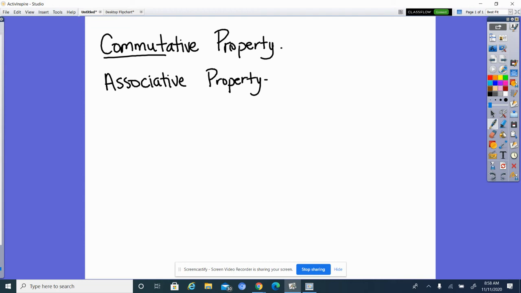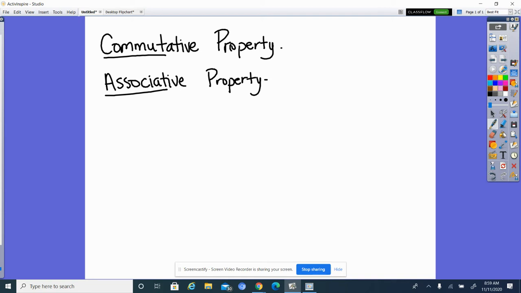Okay, associative. What's our root word? Associate. Okay? What does it mean to associate? What do you think? Okay, to talk to someone. What else? Anything else? Okay, right now we're told that we shouldn't associate in groups larger than 10, right? So it means we can, what does associate mean?